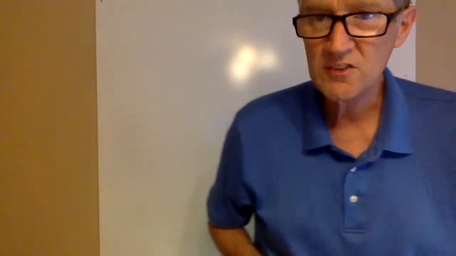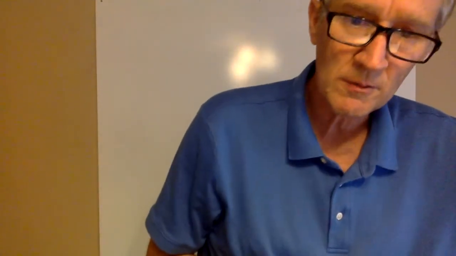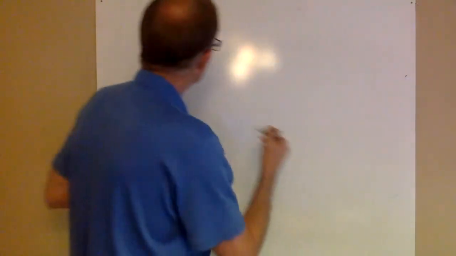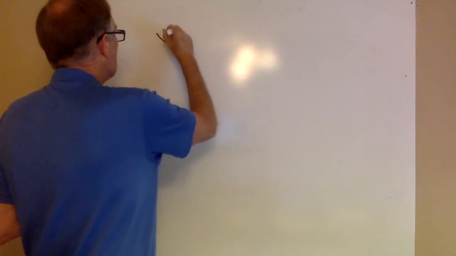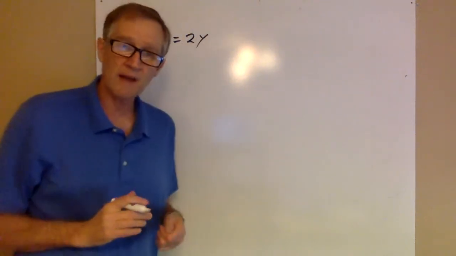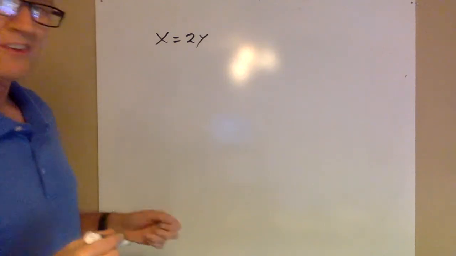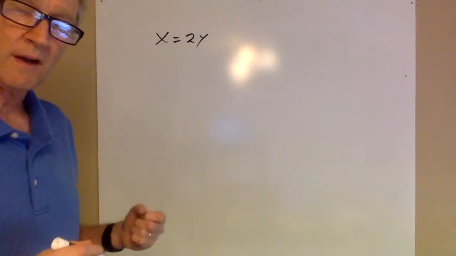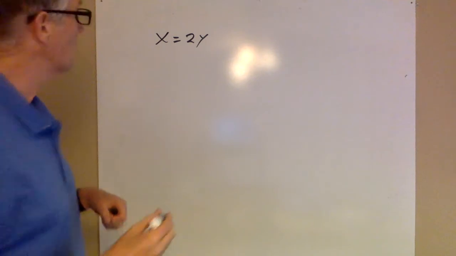By the way, I'm on page 676, and I'm just taking the examples from the book. So x equals 2y, what kind of relationship is that? Well, x times y equaling a constant, that's an inverse relationship.